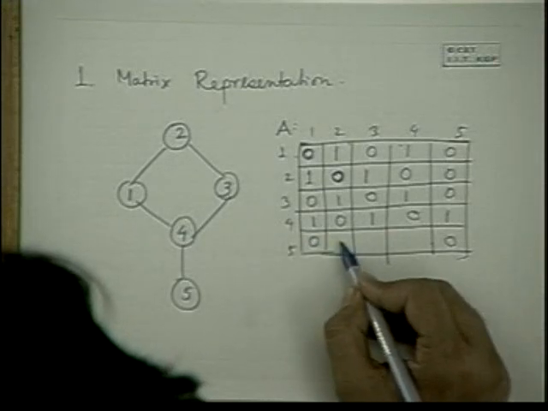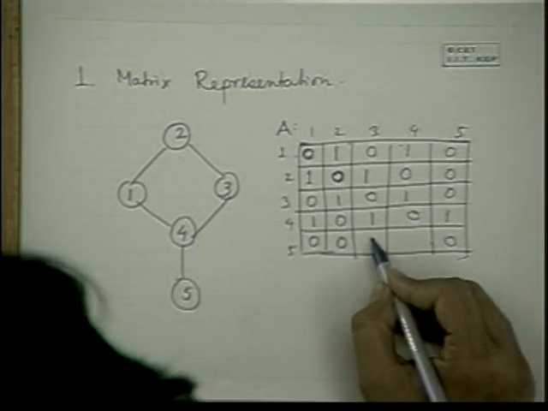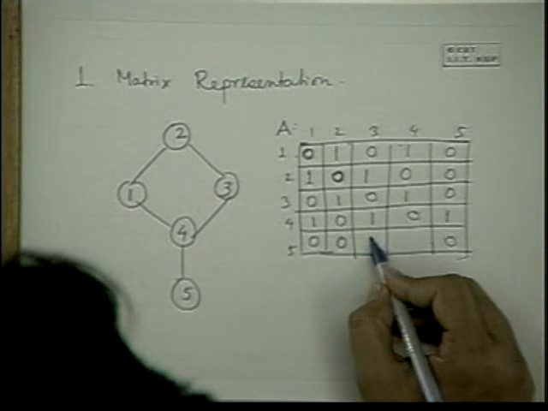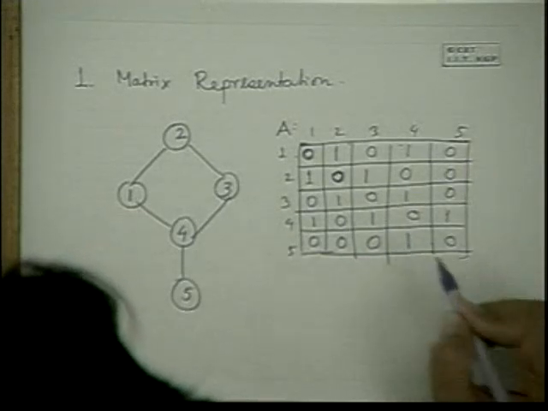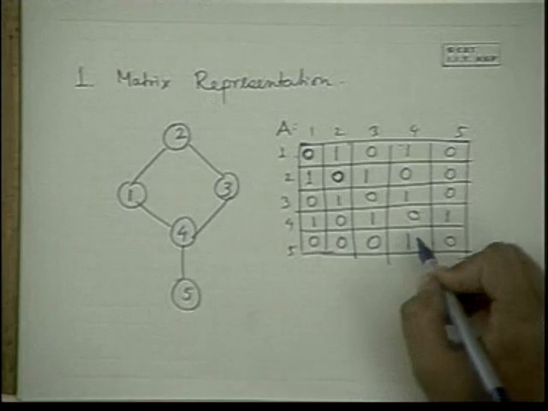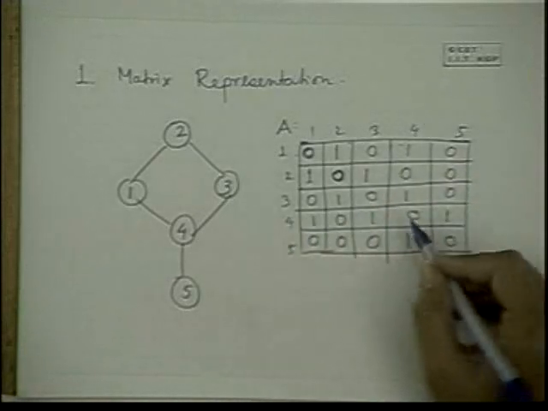A51 does not have any edge, A52 and A53 do not, and A54 has an edge, and that's it. So this will be the matrix representation of this particular graph. This representation is quite simple.